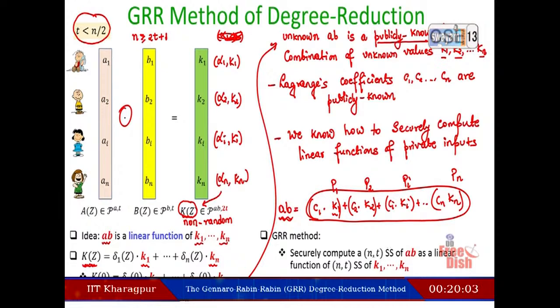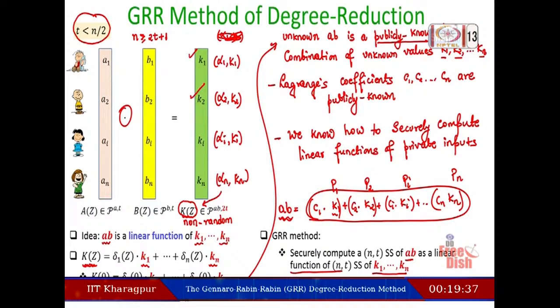We want to compute securely a secret sharing of AB as a publicly known linear function of secret sharing of K1 to Kn. Right now the secret sharing of K1 to Kn is not available, because K1 is not available in a secret shared fashion, it is available only with P1. K2 is not available in a secret shared fashion, it is only available with P2 and so on.